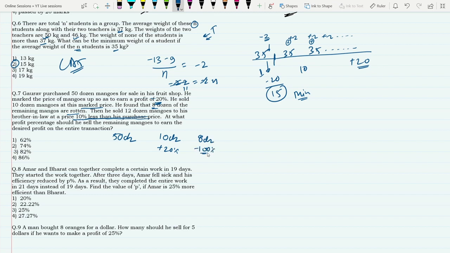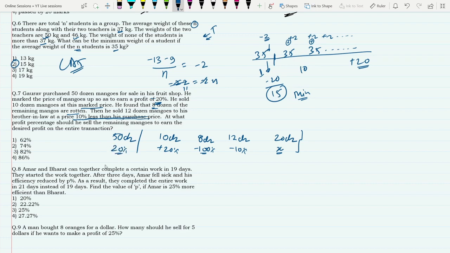There's a 100% loss on 8 dozen. Then the next 12 dozen, he offers 10% below buying price. That is a 10% loss. So 8, 10, 18, 12, 30, there are 20 dozen more to be sold. What profit should they be sold at so that these 50 dozen total lead to 20%?